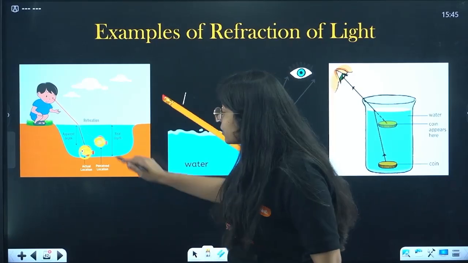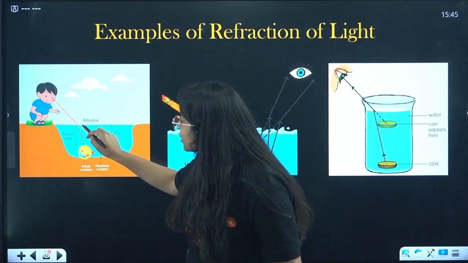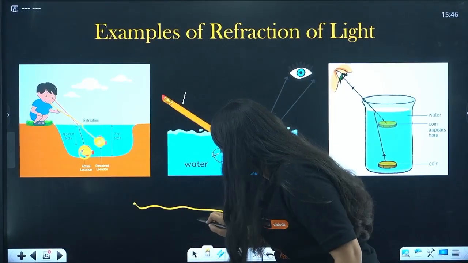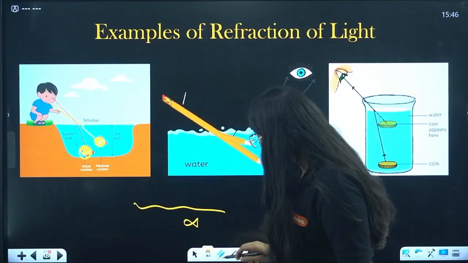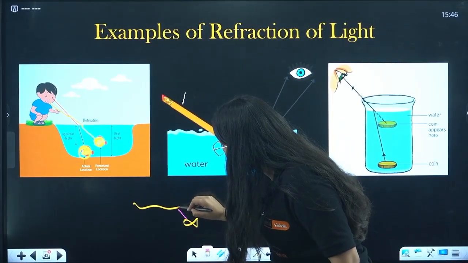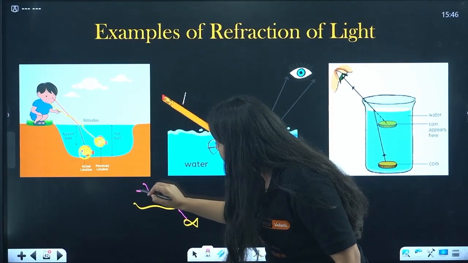Why? Because the light from the fish is coming from the water into the air, changing the medium, and it is bending. This is your fish, and this is water. When this light is coming out, instead of going straight, it bends and then it reaches our eye.